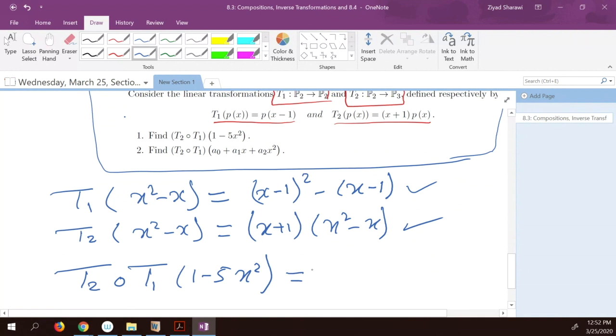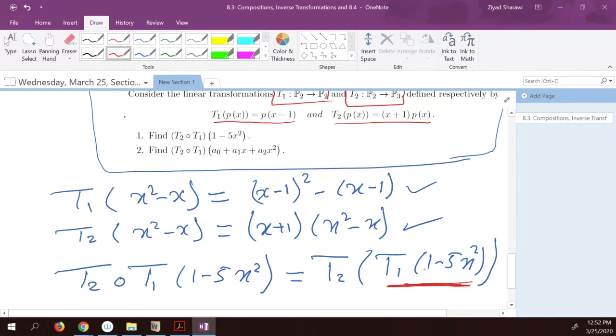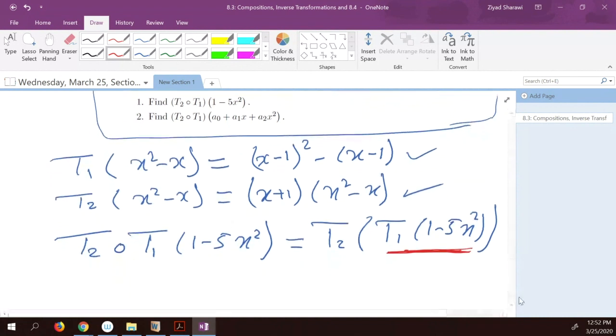Well, it is like functions in pre-calculus. You substitute this inside this. So here you let the first machine do its job, and the output of the first machine you put in the second machine. So what do you get here?